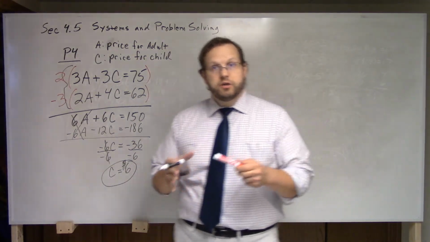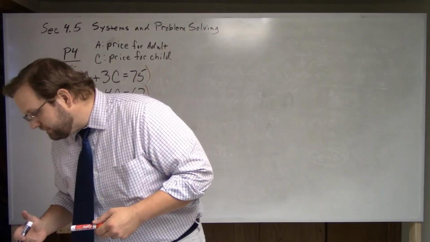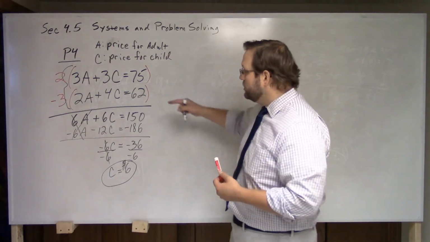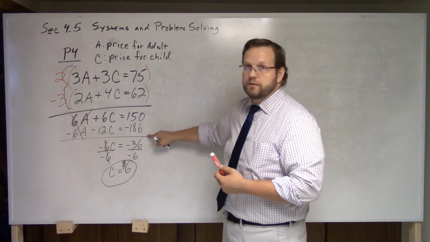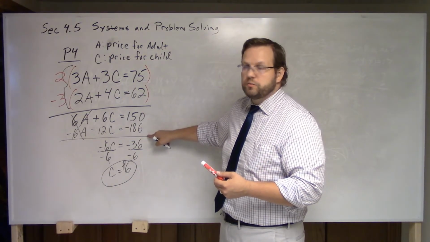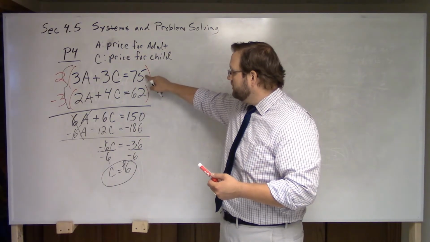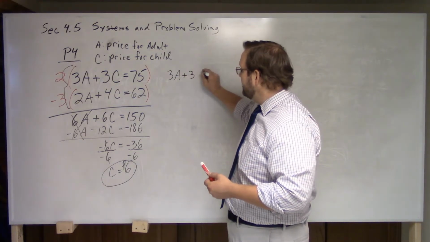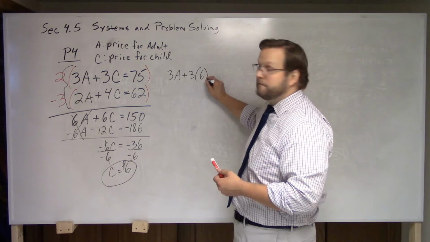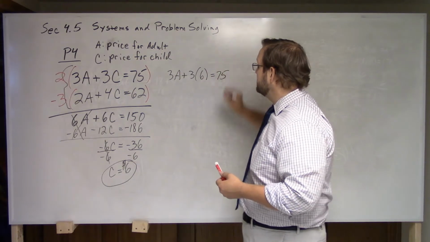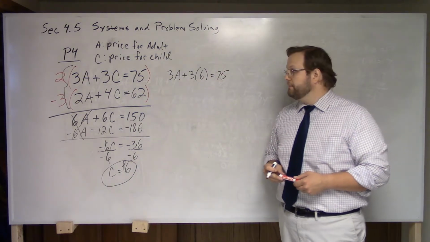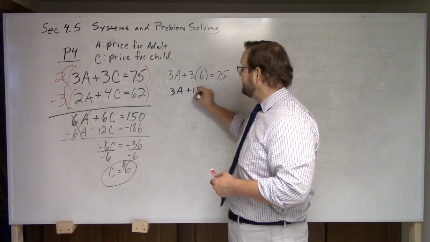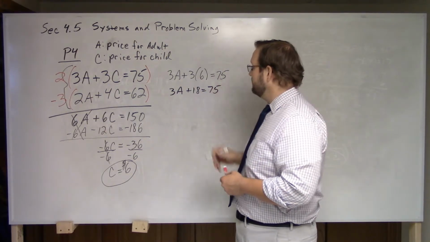They also wanted to know the price for that adult ticket. Okay, so we have to plug in and see what that tells us. So you plug into any one of these 4. Okay, they'll give you the same answer no matter which one you plug into. I'm going to go up here. So I've got 3A plus 3 times 6 for that child's ticket equals 75. Okay? That gives me 3A plus 18 equals 75.